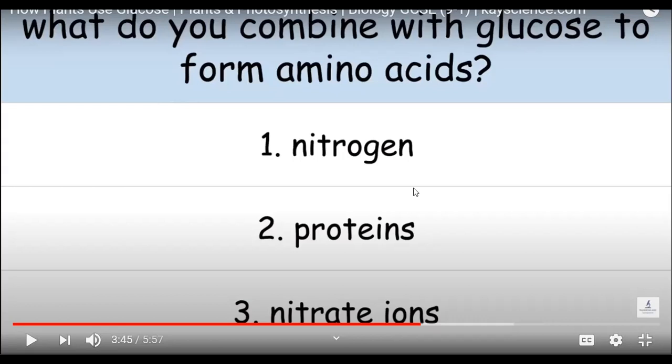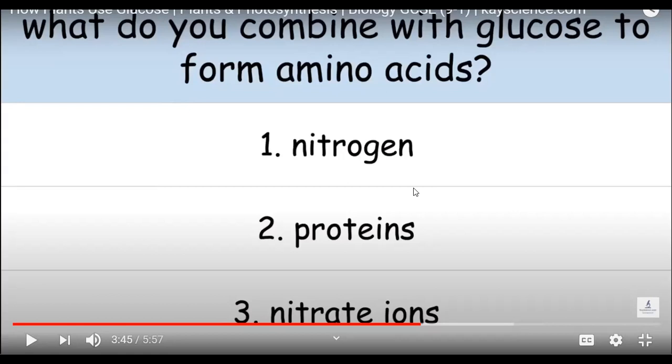Waleed, no. Muhammad Abu Jadail, no. Think again. This was something that was coming from the roots. We saw the diagram. What do you combine with glucose? What is that thing which was adding up with the glucose that makes the protein? You don't add the glucose with the protein to make protein.